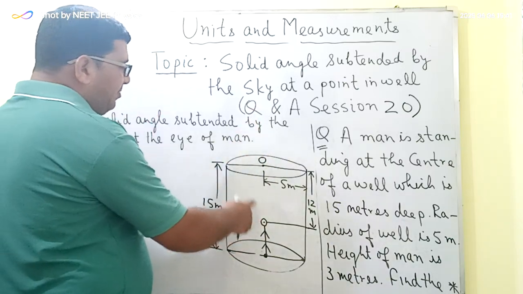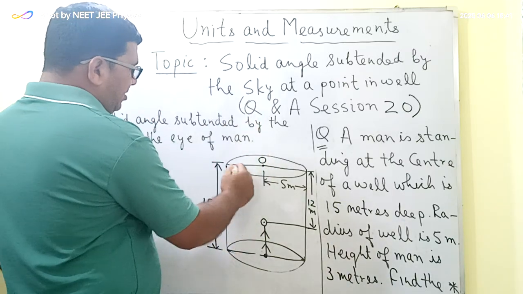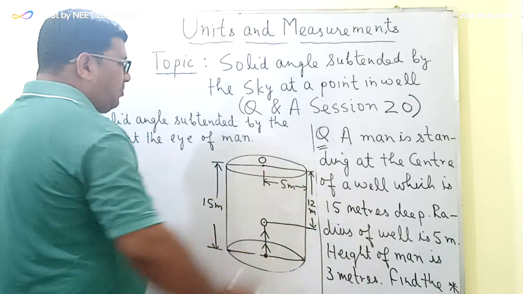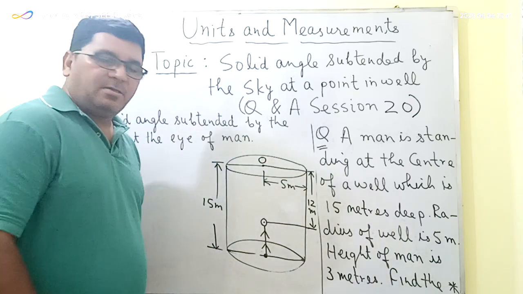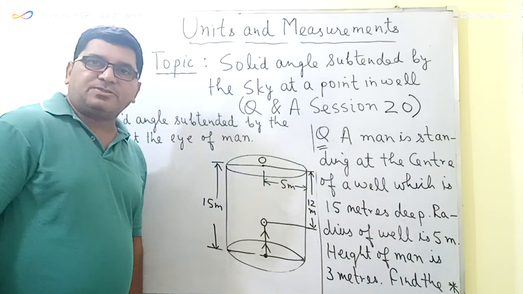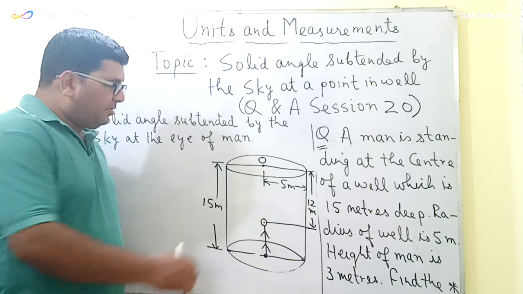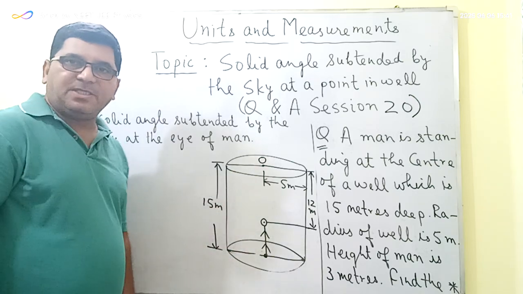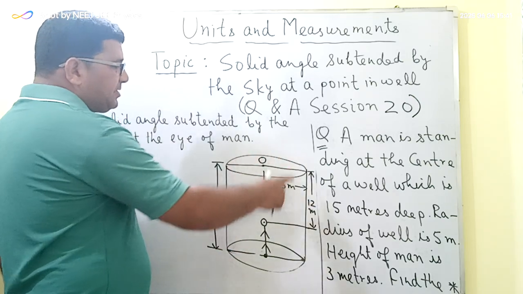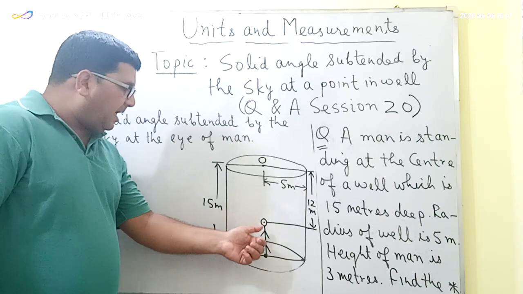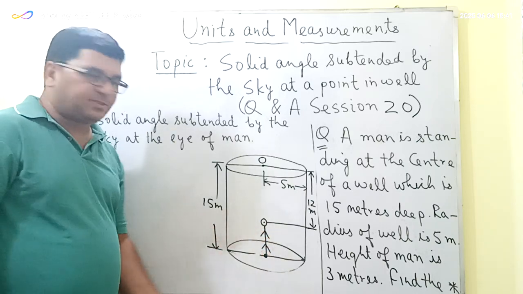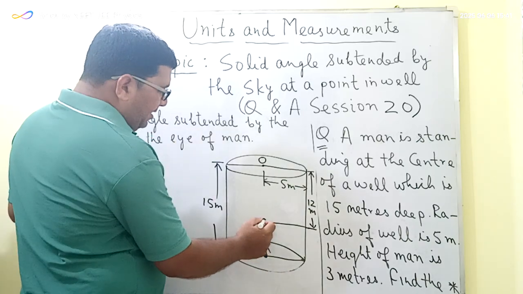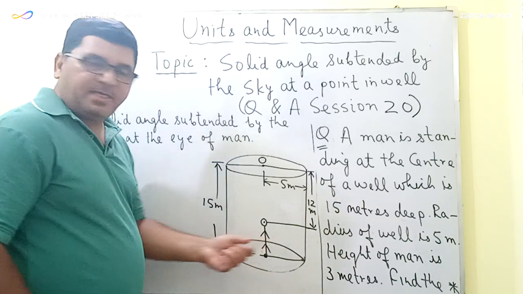Now this man will be able to see the sky through this top surface of the well. The solid angle is basically the measure of the amount of space enclosed by a particular surface at a point in space. So here the point is the eye of this man.